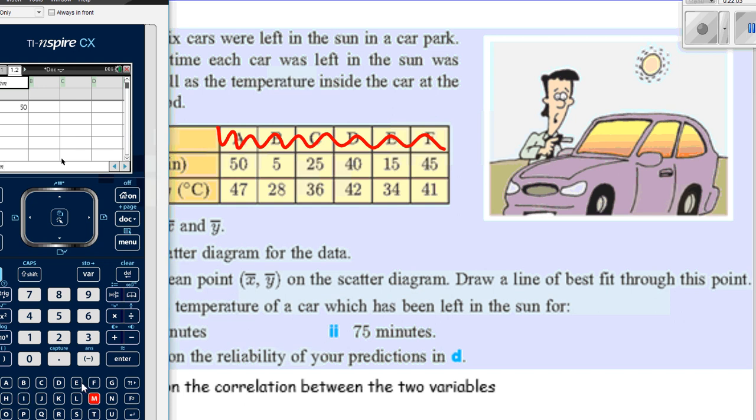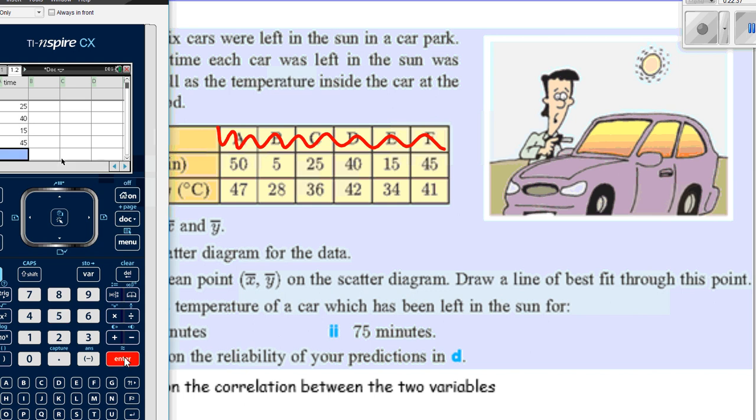and now let's enter our data. So you would have entered 50 as the first time. The second time is 5. Feel free to grab your TI-Nspire and do this at the same time. 5, enter. 25, enter. 40, enter. 15, enter. 45, enter.